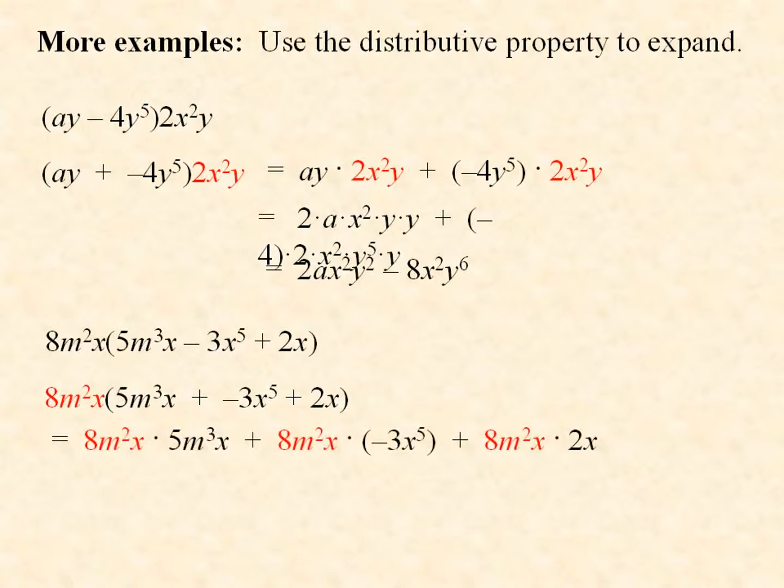That gives us 8m squared x times 5m cubed x plus 8m squared x times negative 3x to the fifth plus 8m squared x times 2x. We'll bring the coefficients together, put the variables in alphabetical order, and simplify. That gives us 40m to the fifth x squared minus 24m squared x to the sixth plus 16m squared x squared.